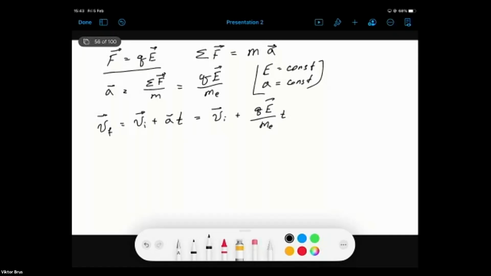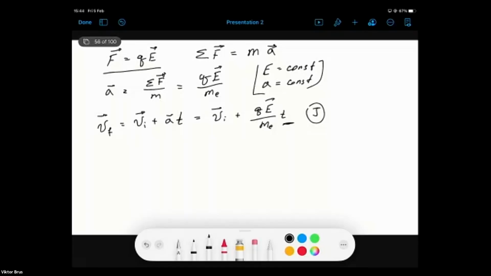Now, as I mentioned previously, this short interval of time can be substituted by tau, which is the time interval between two successive collisions of charge carriers with the crystalline lattice, like between the moments when it gives back all the kinetic energy the charge carrier gained while moving freely in this external electric field.